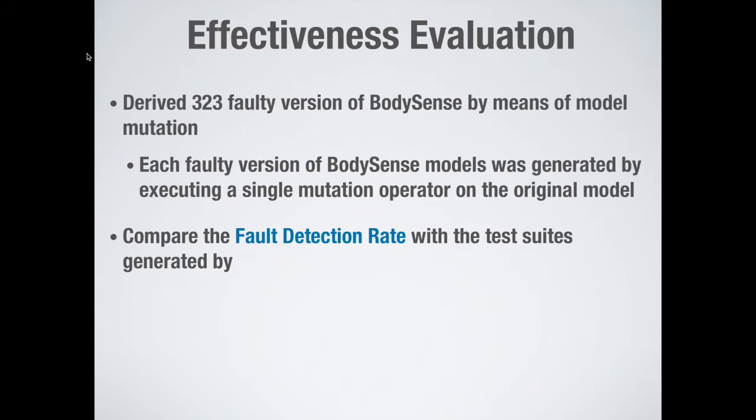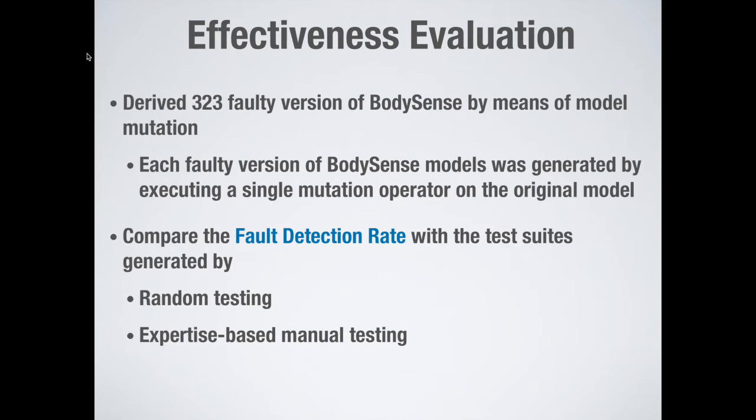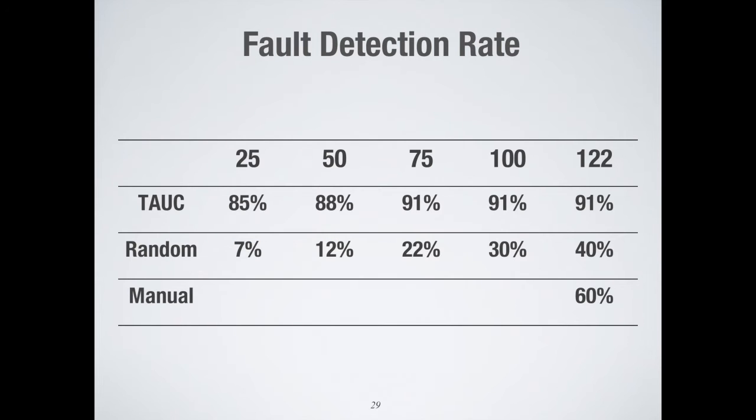Then we simulate the test case execution on the model level and compare the fault detection rate to the test suites generated by random testing and the expertise-based manual testing. We generate test suites with different sizes from 25 to 122. The size of 122 equals the size of the manual test suite.